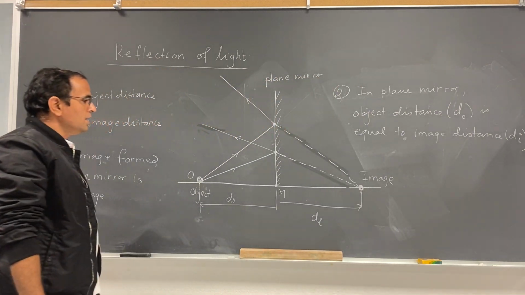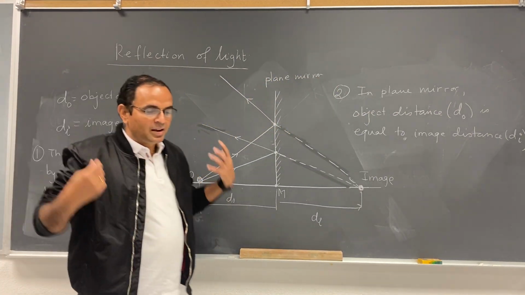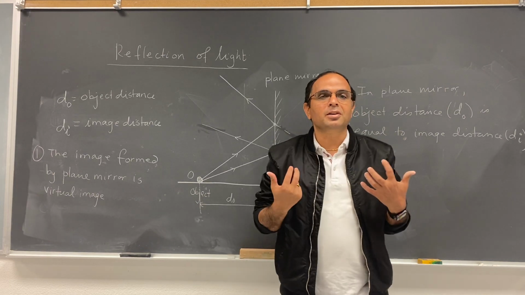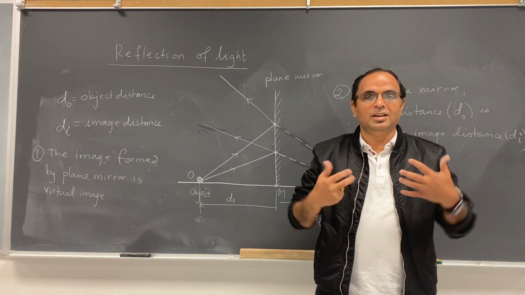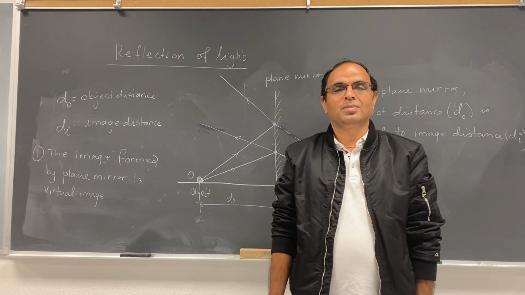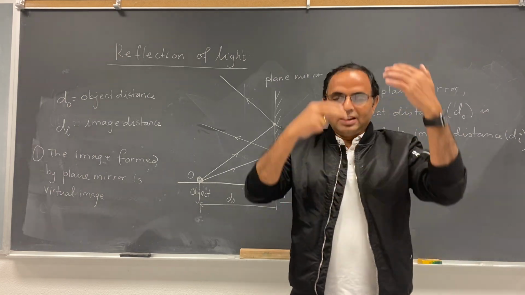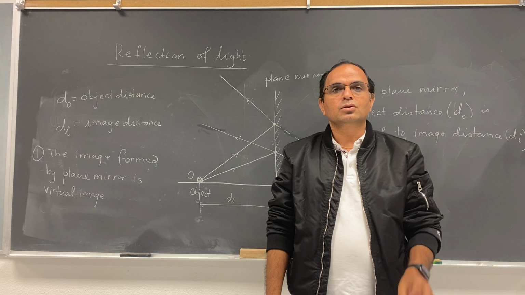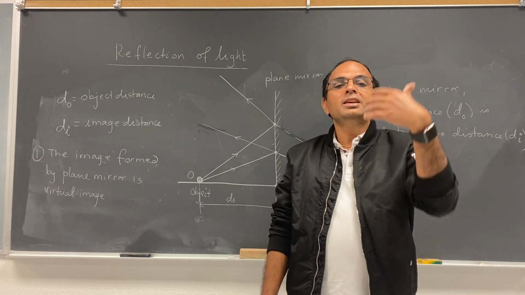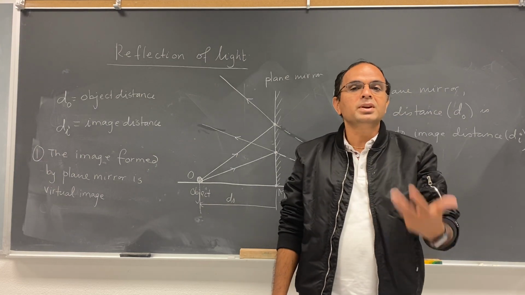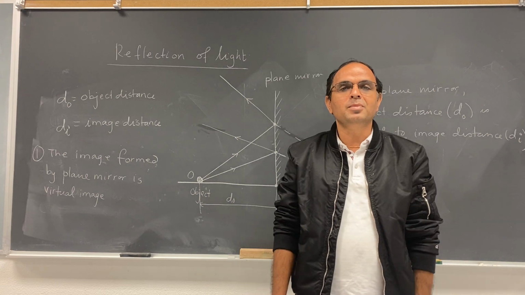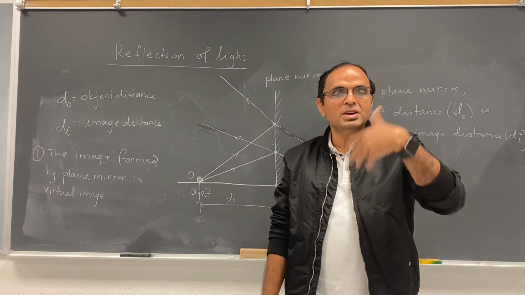And the third one is, let us suppose you are standing in front of the plane mirror, and you are 6 feet tall. So what is the size of your image behind the mirror?